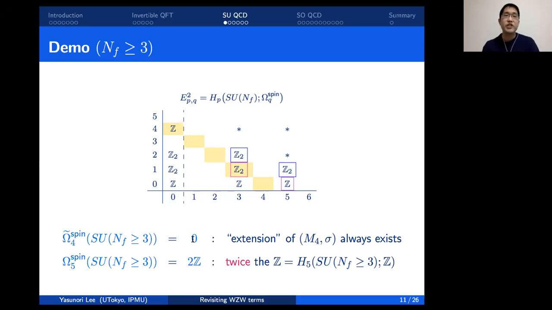Recalling the story in the introduction, one of the concerns we had was that the auxiliary 5-manifold W5 used in the definition of Wess-Zumino-Witten terms, which is bounded by the spacetime 4-manifold M4, might not exist. In such a case, we still have a chance to be saved if W5 connects M4 to another 4-manifold equipped with trivial sigma configuration.